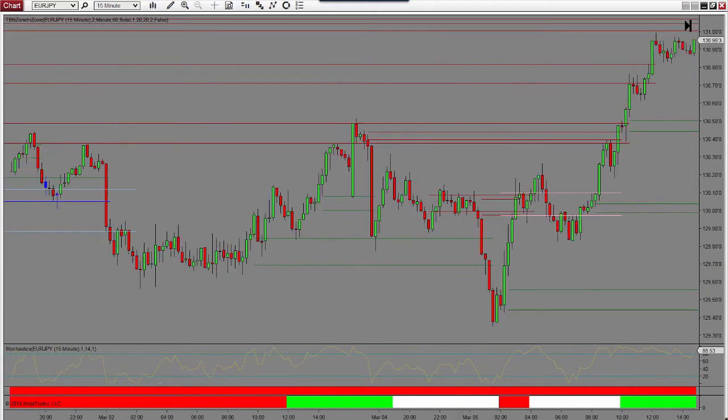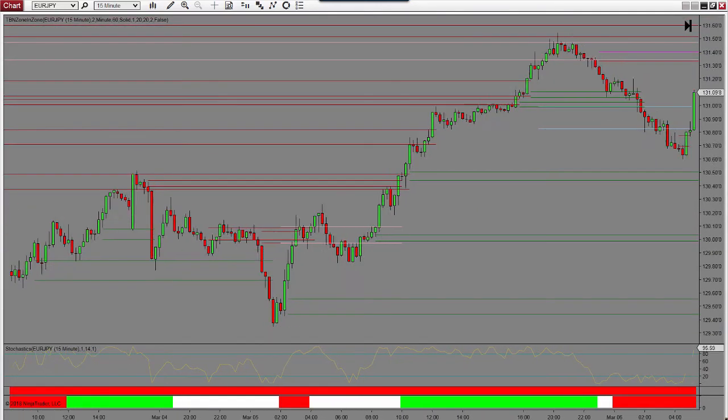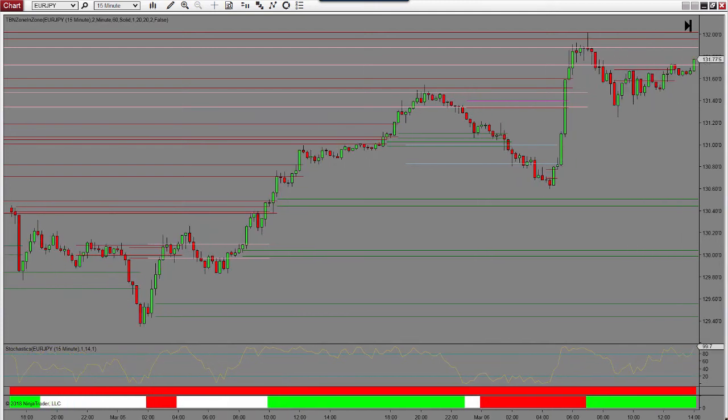Also here. All those would have been ran over. You had one right there. Actually, that did okay. Depending on how tight your risk was, that did okay.